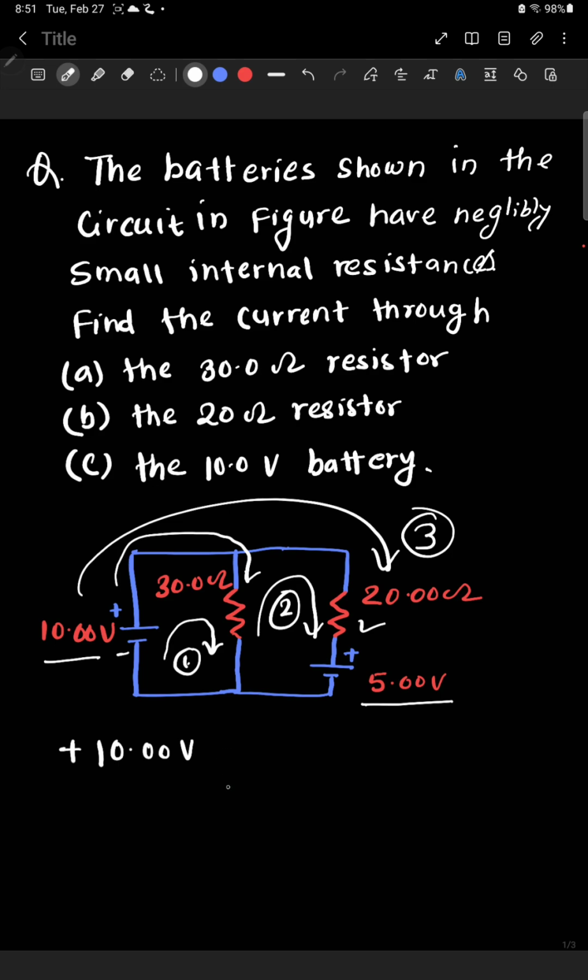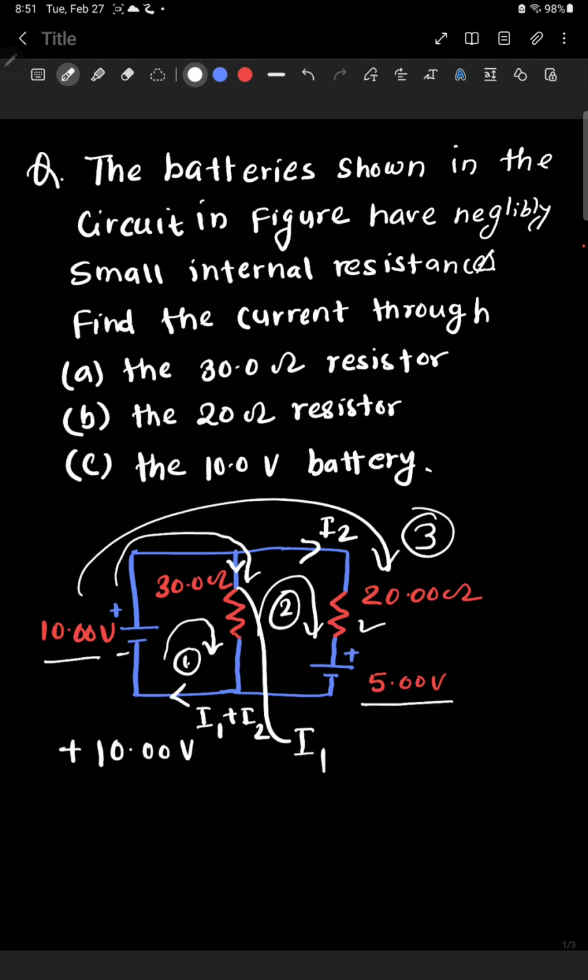Let me determine the direction of the current. Let's say the current right here is I1, and the current passing through here is I2. So the current passing through here will be I1 plus I2.